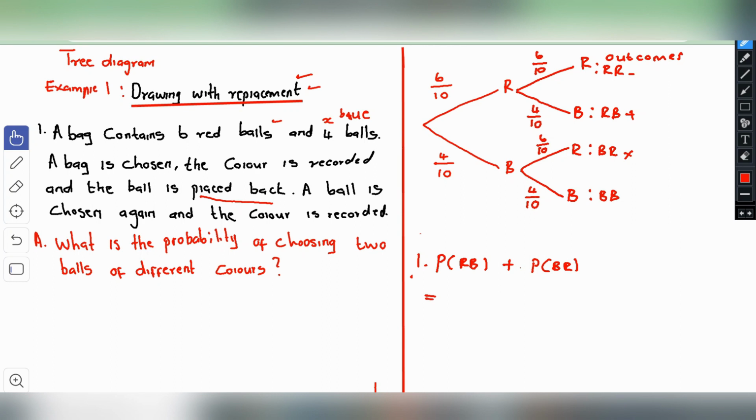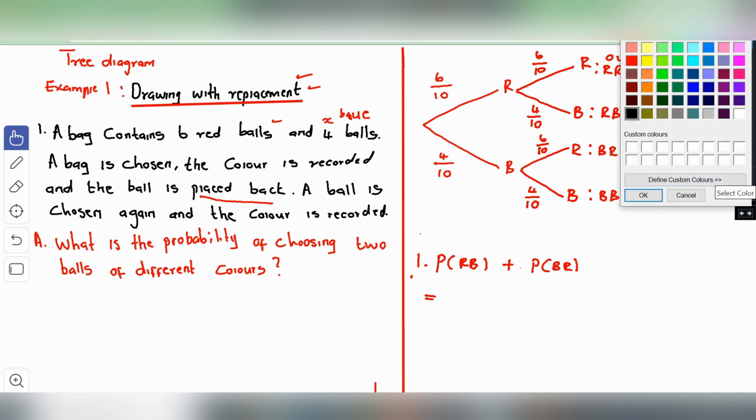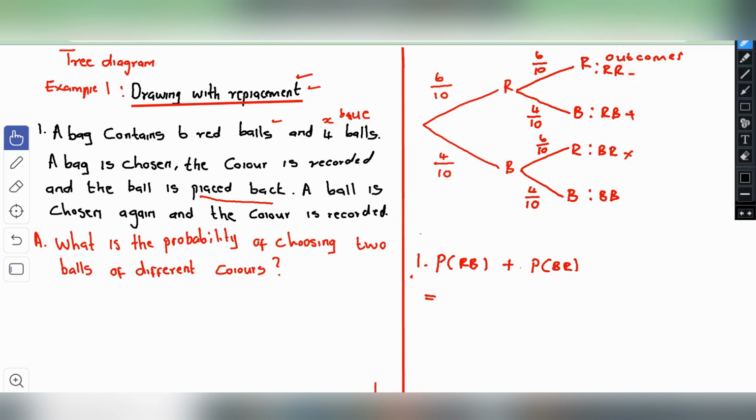Therefore, what is the probability of red and blue? What is the value of red here? Let me use different colors so that you can see it. We can see that the value of red here is 6 all over 10. Since it's red and blue, we need to multiply also by blue, which is 4 all over 10.